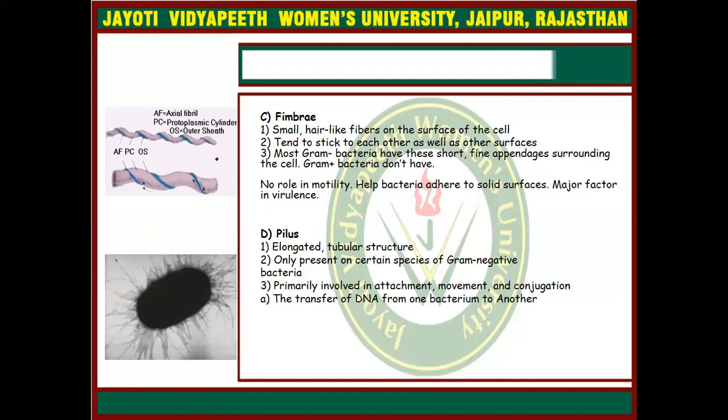They have no role in motility. They have an important role in adherence. They do not move the bacteria. They provide adherence so that bacteria can attach to any surface.